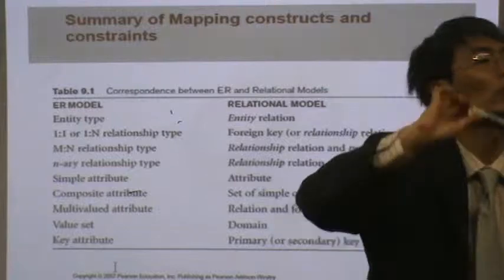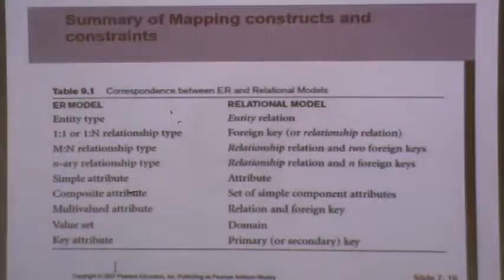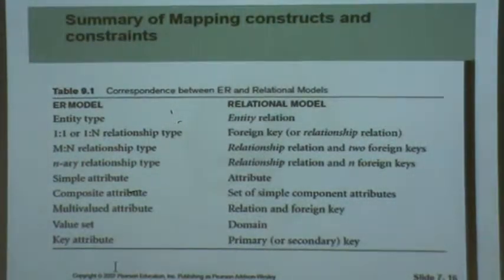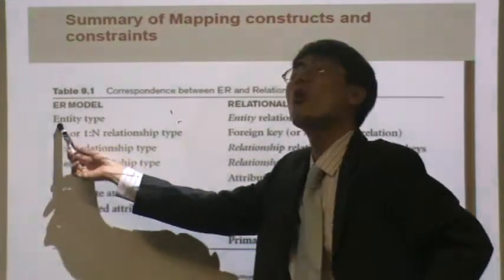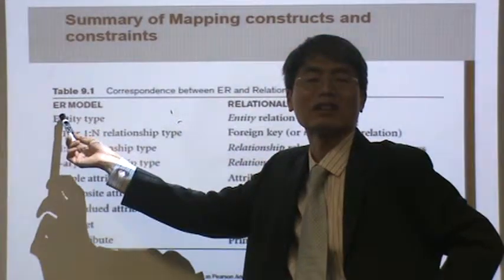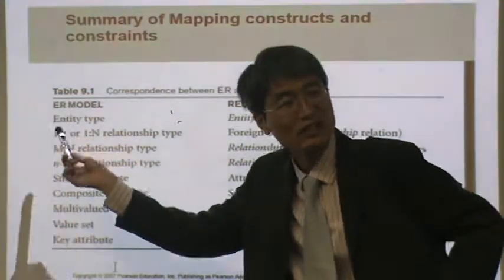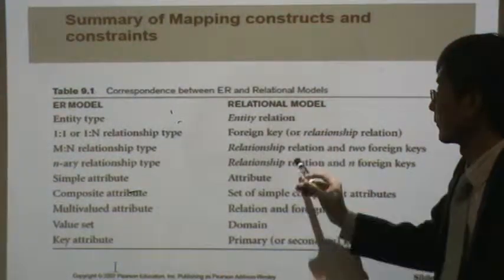Which one is better? We don't know, but depending on the situation, application analysis, or your decision about the database requirement, you can select one of them. But mostly, like the 1 to many, it is the foreign key.